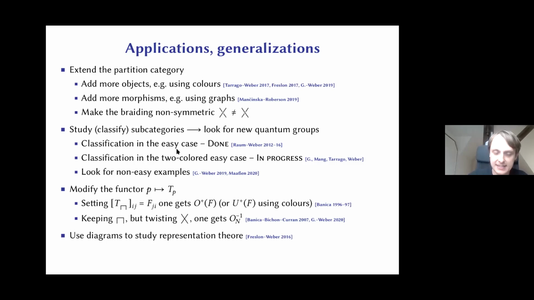So this means that you are considering just the partitions and not their linear combinations. This was a series of articles of Sven Raum and Moritz Weber. So this is done, but you can still have fun with this if you consider some of those generalizations. So for example, the two-colored case describing the unitary quantum groups, this is somehow work in progress.